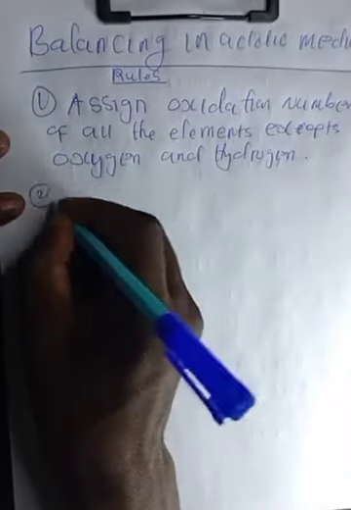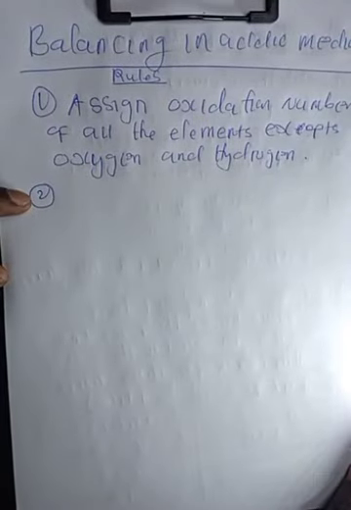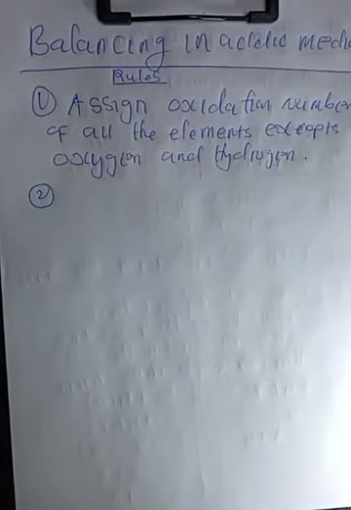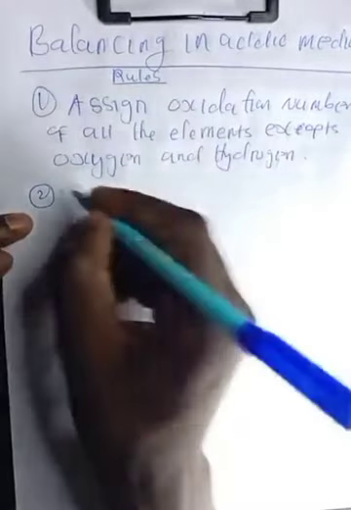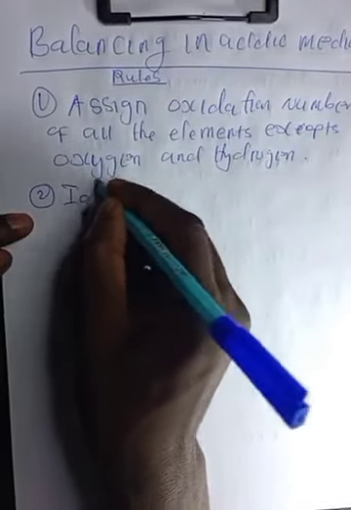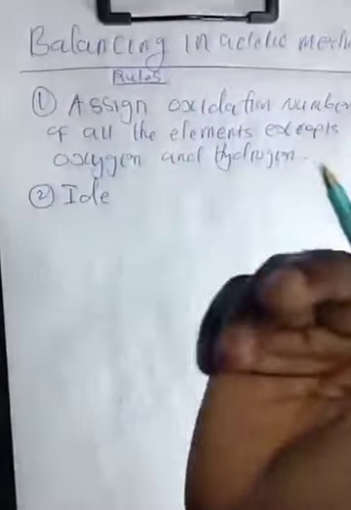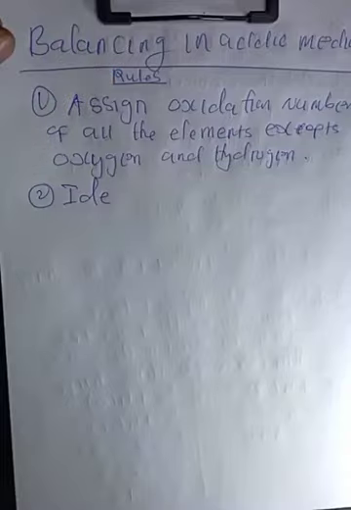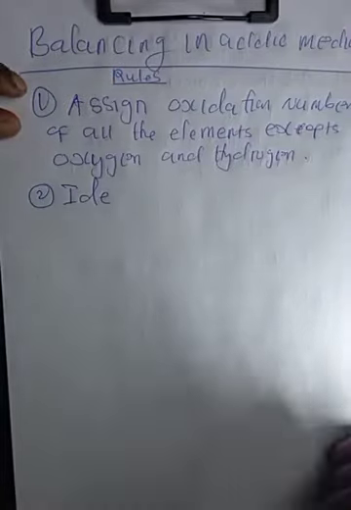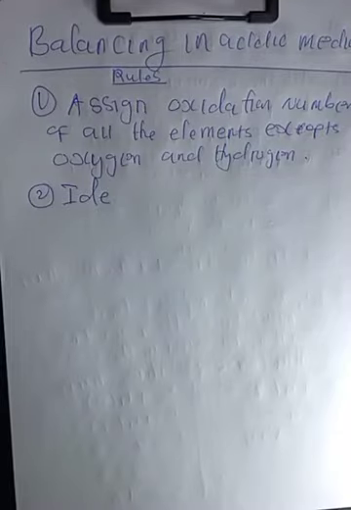Then number 2 is to identify. After we assign oxidation numbers, next is to identify. This is very, very important, it can be worth 10 to 15 marks in the exam. So this concept is very, very important. Make sure you understand it at all, so that you don't get stuck in your tests and exams.